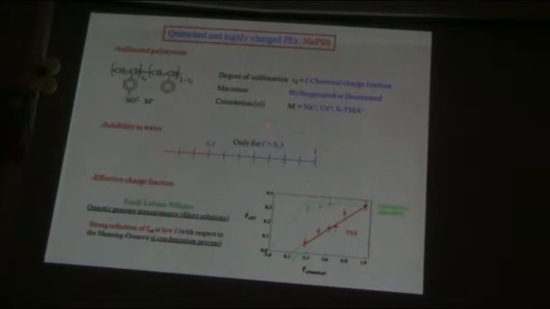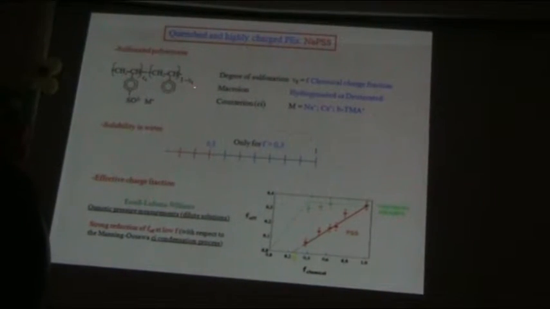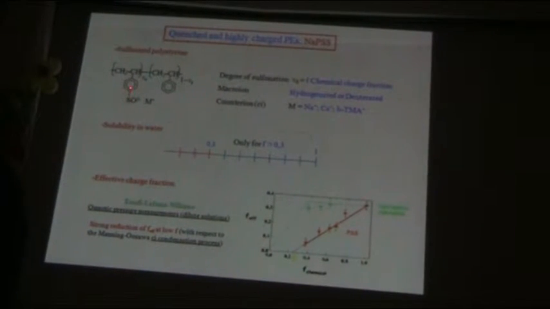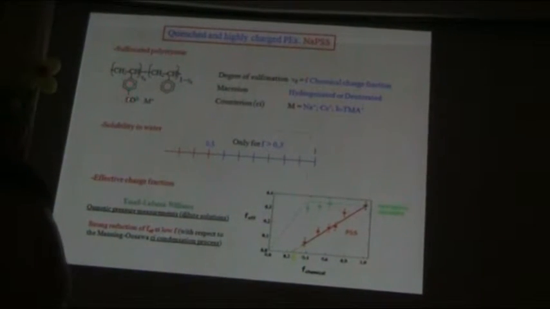If I take the example of sulfonated polystyrene, which is the main example of a polyelectrolyte, it is a highly charged polyelectrolyte. Here you have the phenyl in the gamma position.